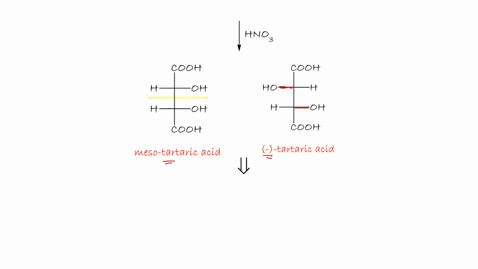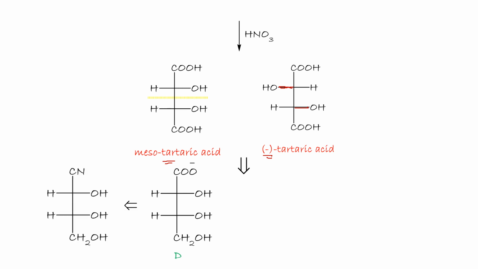Well, we go backward. We have here a plane of symmetry. This comes from the carboxylate, this compound, and this one will come from the cyano.